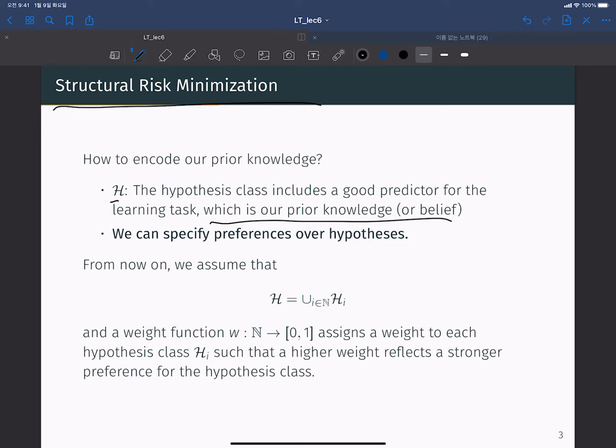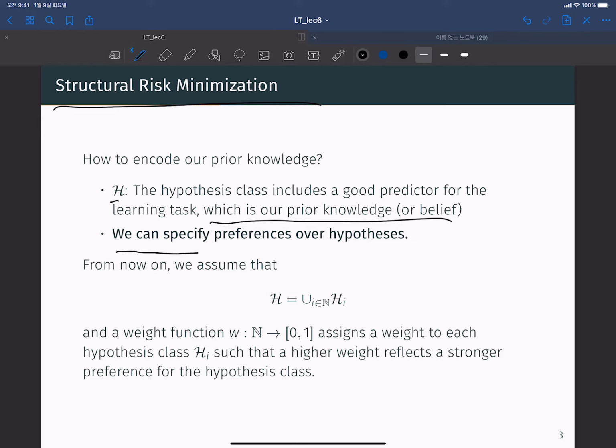But restricting to a class of hypotheses means we will ignore many unnecessary functions which are very unrealistic for our learning process, and we will only focus on this set of hypotheses, because we know that a very nice prediction will be located inside of this hypothesis class. So the hypothesis class itself is our prior knowledge.